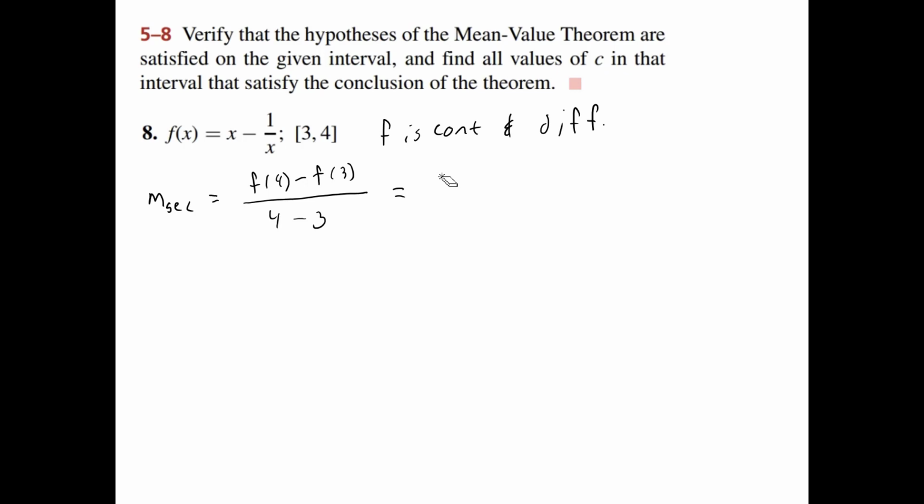When you put in 4, you get 4 minus 1/4, minus, when you put in 3, you get 3 minus 1/3, and 4 minus 3 is 1, and we don't have to write that. So 4 times 4 is 16, minus 1 is 15, so the first one is 15/4. 3 times 3 is 9, minus 1 is 8, minus 8/3.